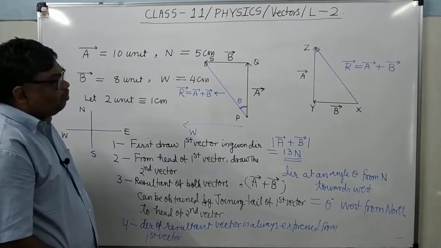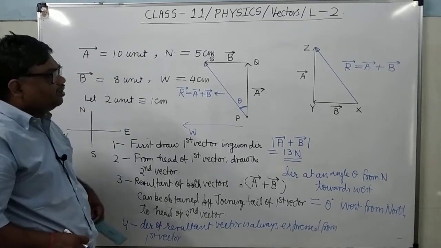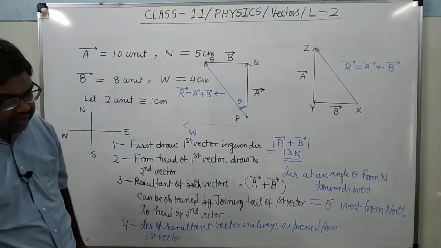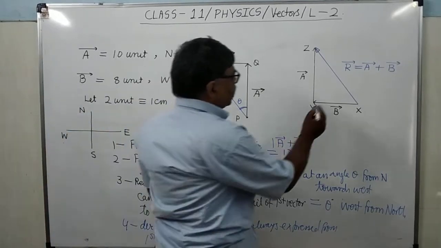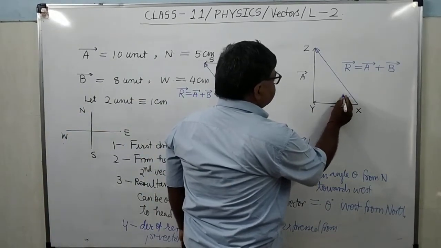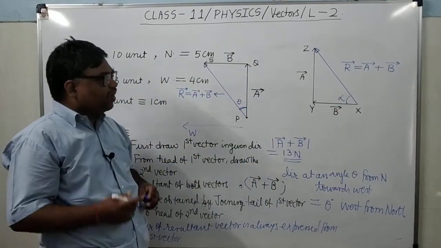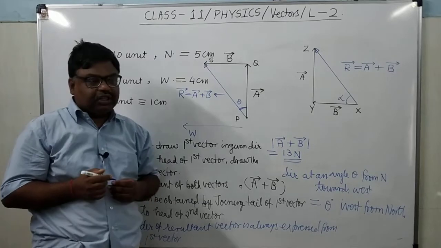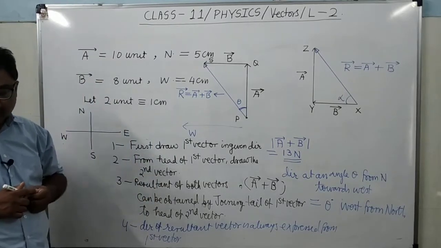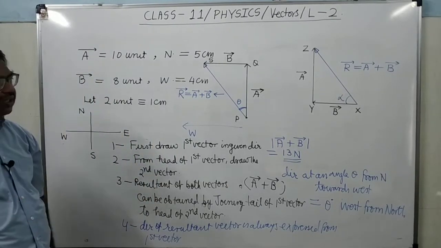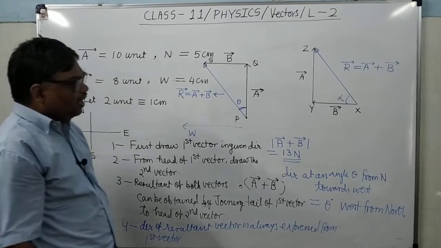So now you will measure the direction of the resultant vector with the help of the protractor by this angle. It is clear? Earlier it was measured from vector A, but now it will be measured from vector B. So you will measure this angle.